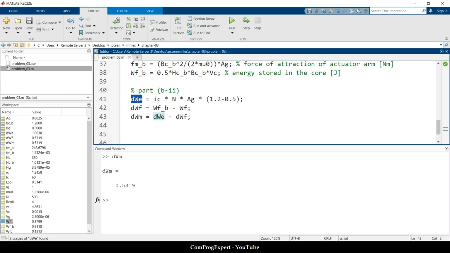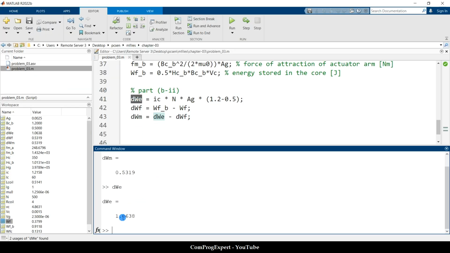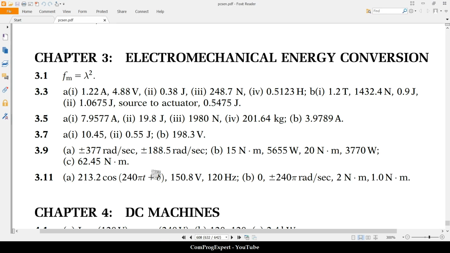The value of the dWe is 1.06 joule, source to actuator, and this is the change in the mechanical energy. Perfect, perfect. You can do these calculations, okay, to solve this problem.